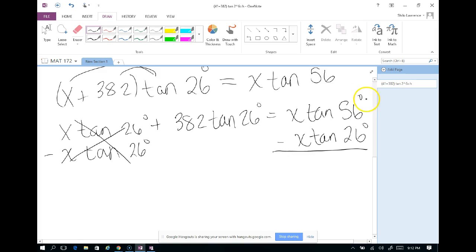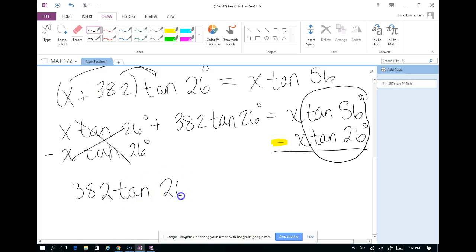So in my calculator, I am going to ask what tan 56 minus tan 26 is, because that's actually how many x's I'm going to have when I combine. So we get 382 tan 26 equals, and I'm going to go to my calculator and figure out that value.